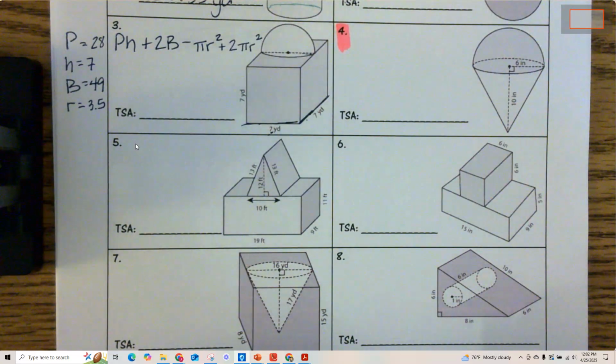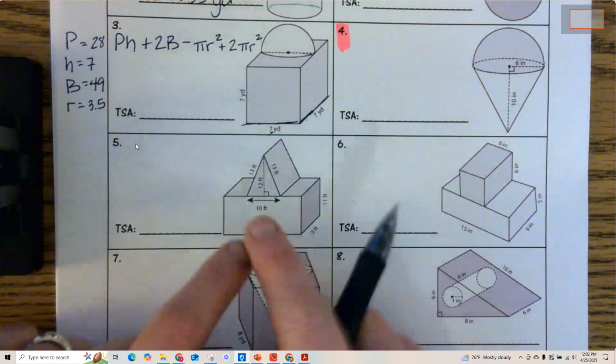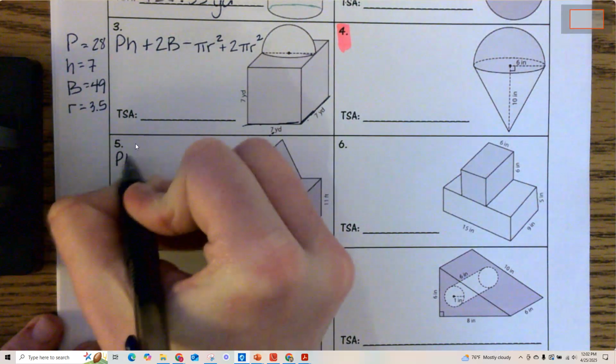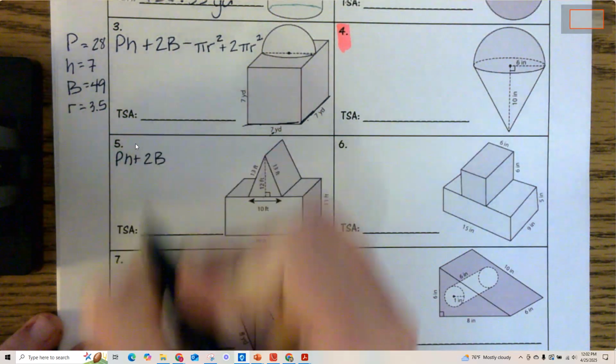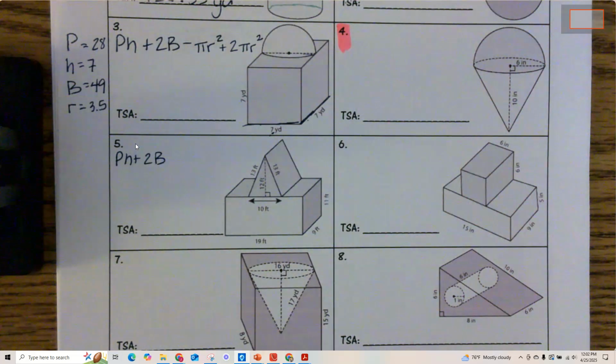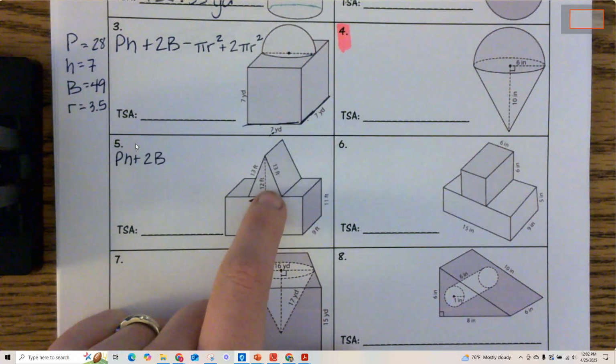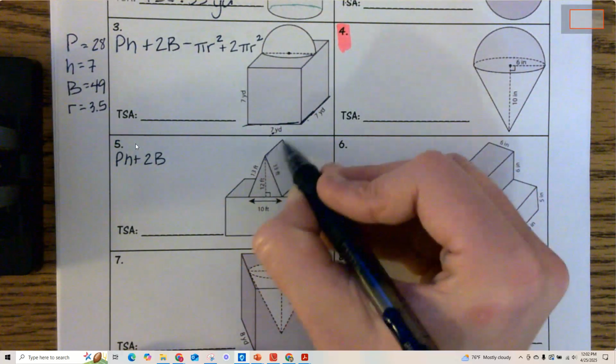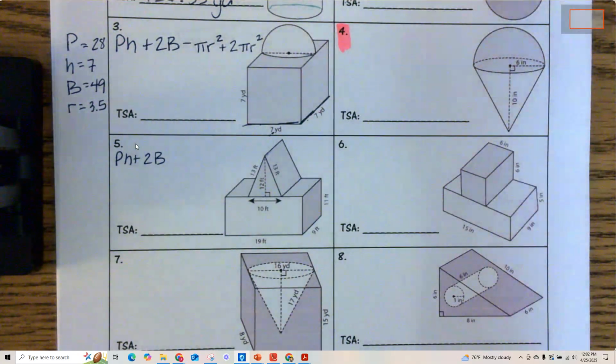All right, another square shape. So, the box on the bottom, pH plus 2 big B. This one's kind of weird though, because we're not subtracting a base, we're subtracting one of these sides, that base of that prism, which is a rectangle, right? See how each of these sides here is a rectangle?